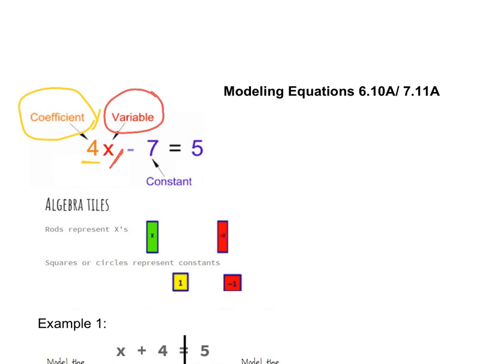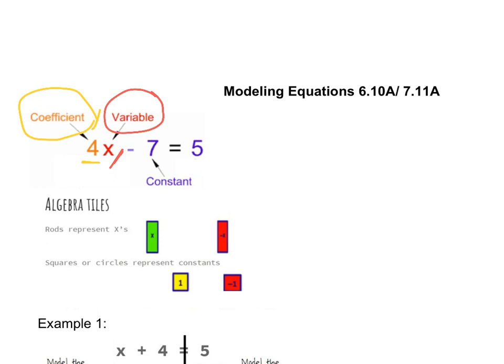The negative variables will also be a rectangle. Sometimes they will be shaded red. So negative is represented with red, but you will always see the minus X on there, okay? So that's an easy way to tell. If it has the minus sign, it is a negative.